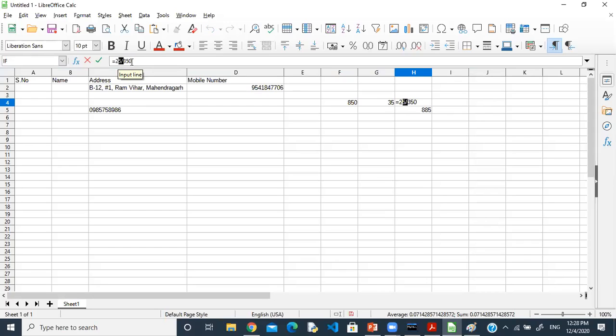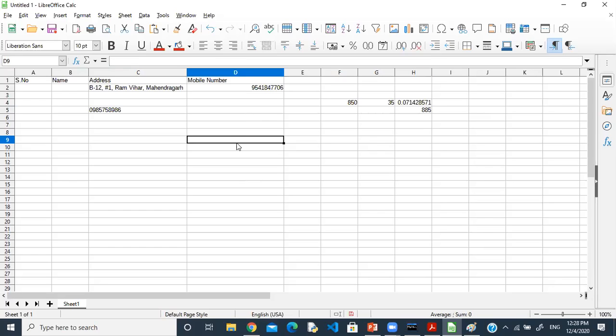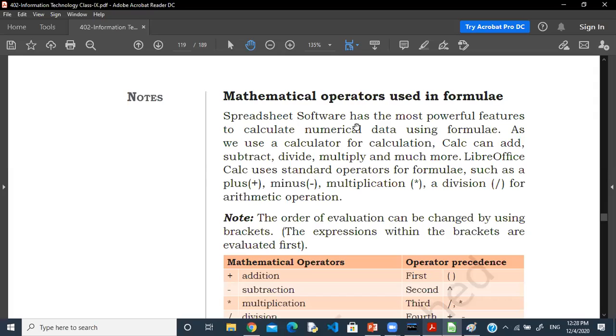Divide, minus, plus, multiply, these symbols are known as operators. A spreadsheet software has very powerful features to calculate numerical data.